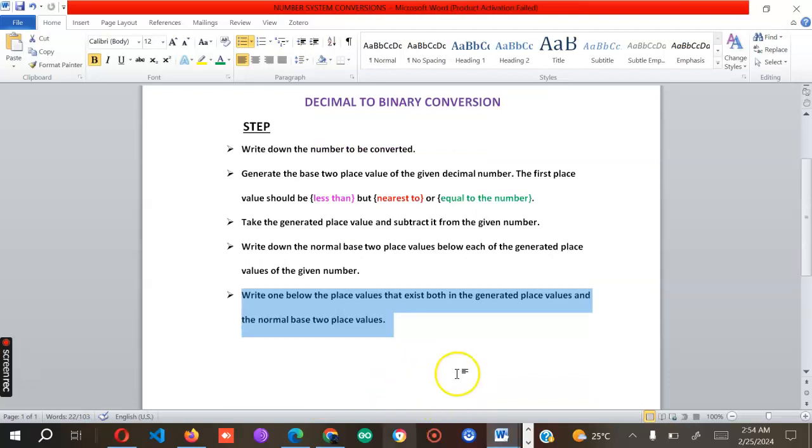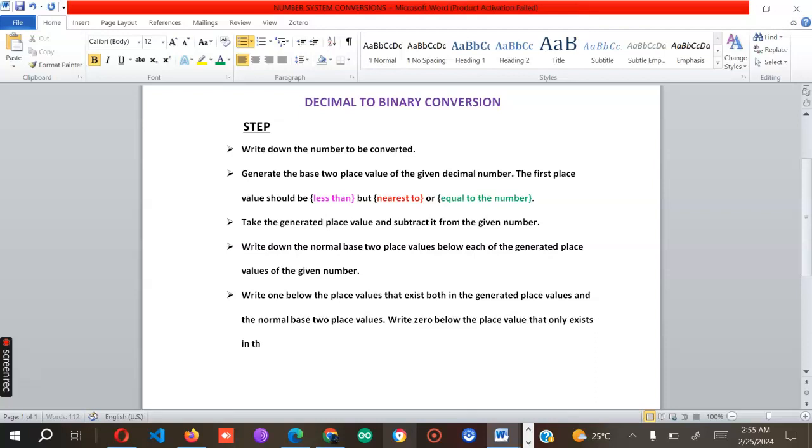Then write 0 below the place value that only exists in the normal base 2 place value, but not in the generated ones.